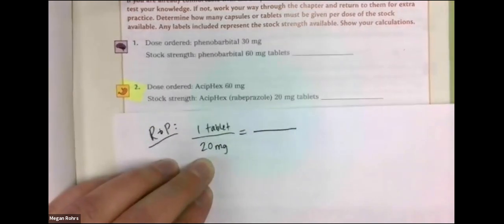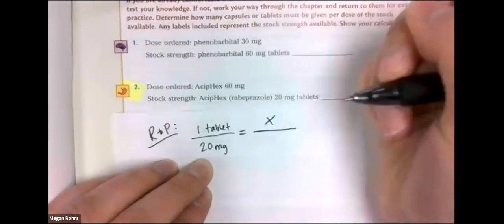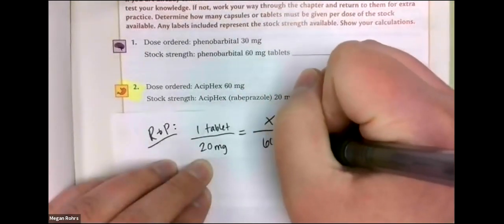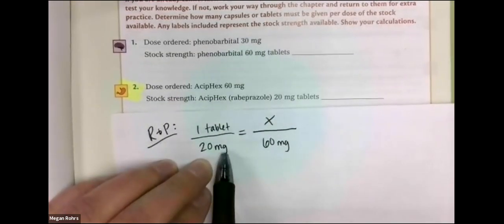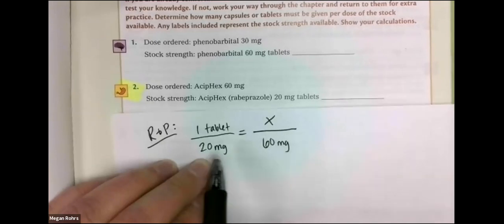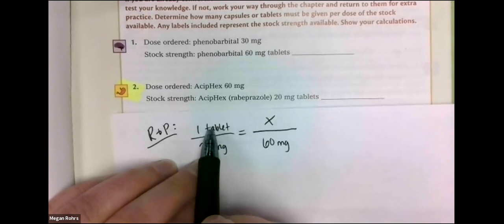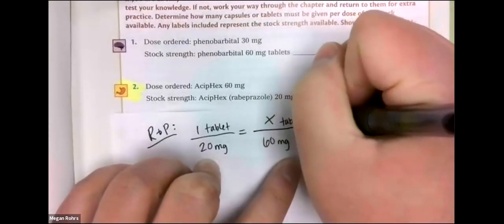We're trying to solve for the dose. We're trying to figure out how many tablets will give us 60 milligrams. So remember, always keep your units equal to each other if you're doing ratio and proportion. So 1 tablet, we're solving for tablets.